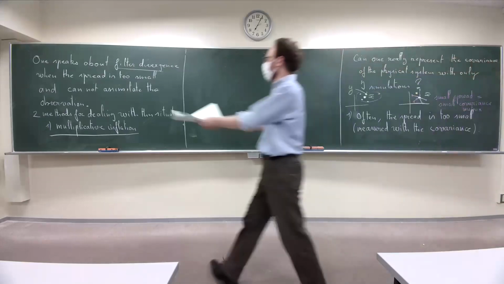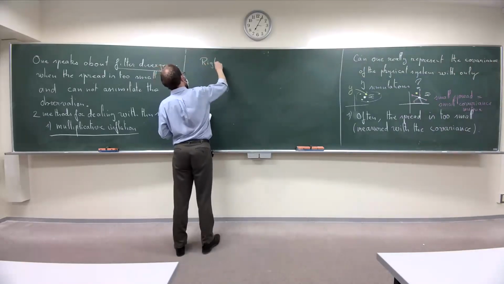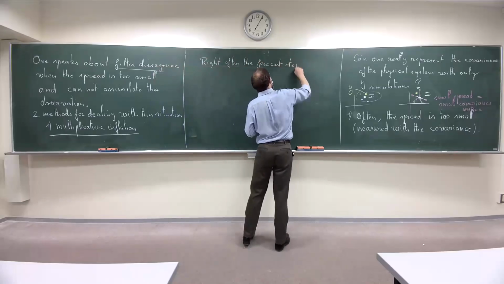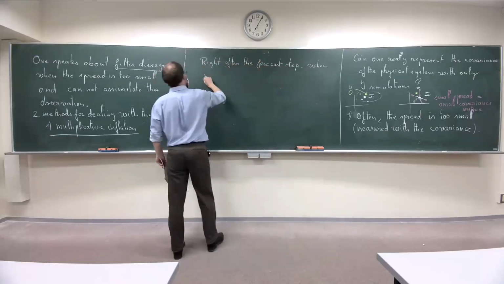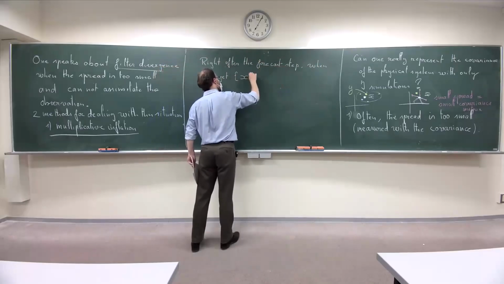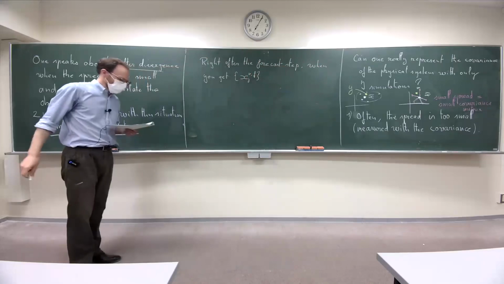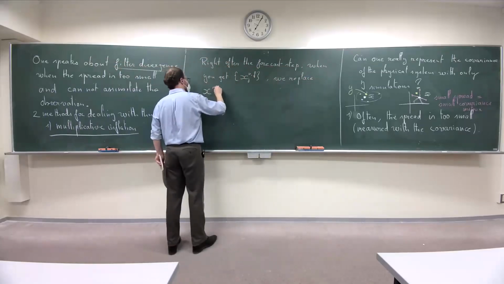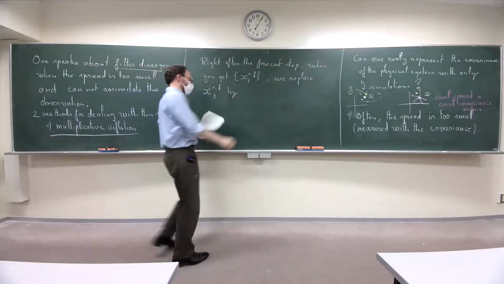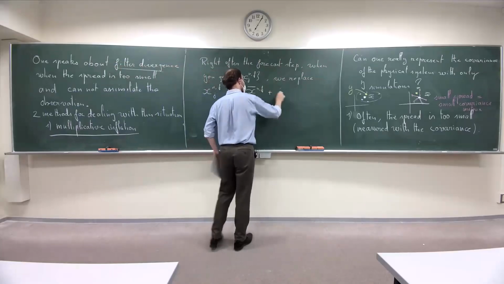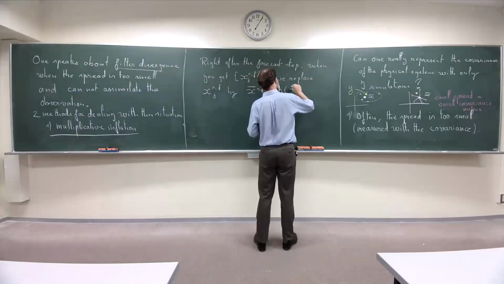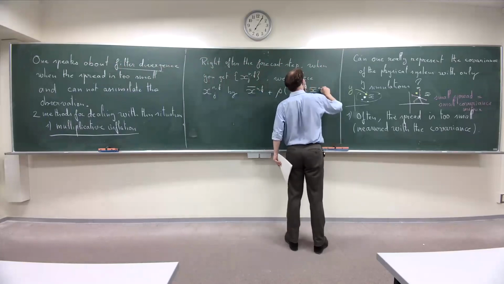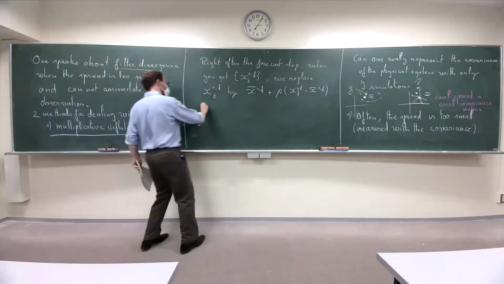So what you do with this multiplicative inflation, right after the forecast, when you get this family x_n^{f,j}, you replace one of them, or any of them, by x_n^f plus a coefficient rho times (x_n^{f,j} minus x_n^f), for rho bigger than 1.